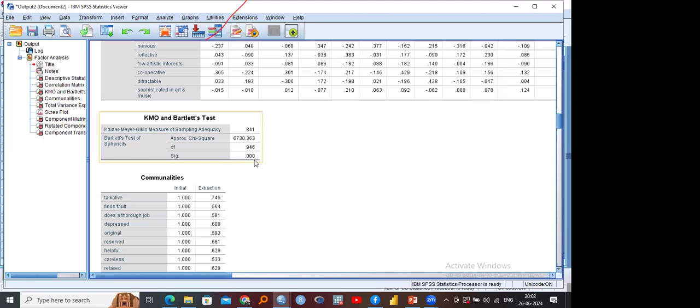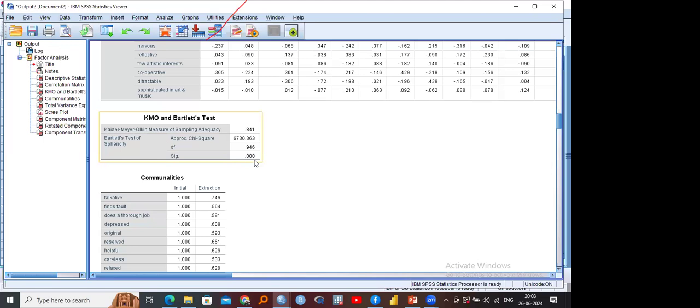Identity matrix means that off-diagonal elements are zero. So rejection means that non-diagonal elements are not zero. Not zero means there is some correlation. Okay, which means that off-diagonal elements are correlated with each other.